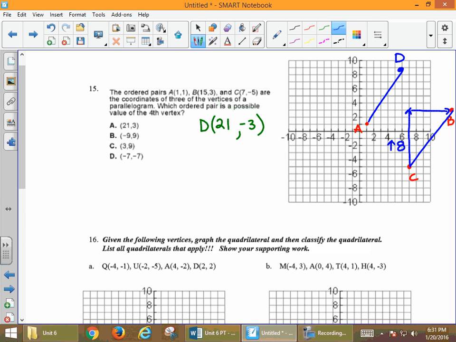And then my run, C is at 7. So I would have to run from 7 out to 15. So I would have to run 8. So rise 8, run 8. Well, now let's go look at A. From A, I need to go up 8, and I need to go right 8.